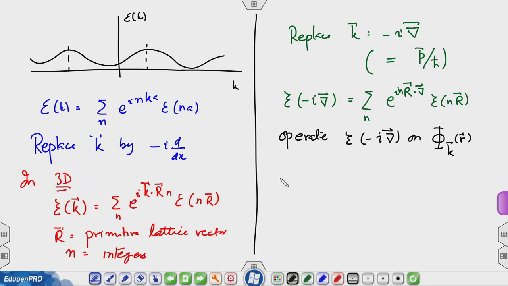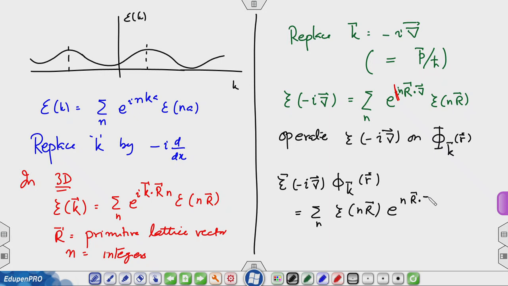If I do that, I have E of minus i del operating on phi, the Bloch wave function phi k r, is equal to summation n E n r, which I am writing symbolically as sum over all lattice vectors, e raised to n r dot del operating on phi k r.